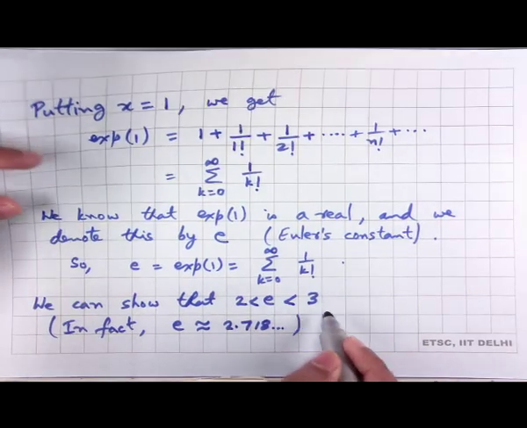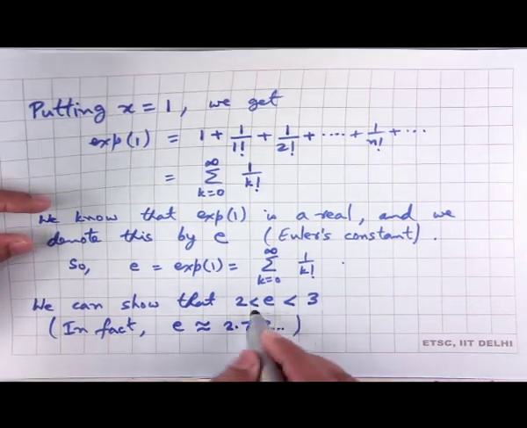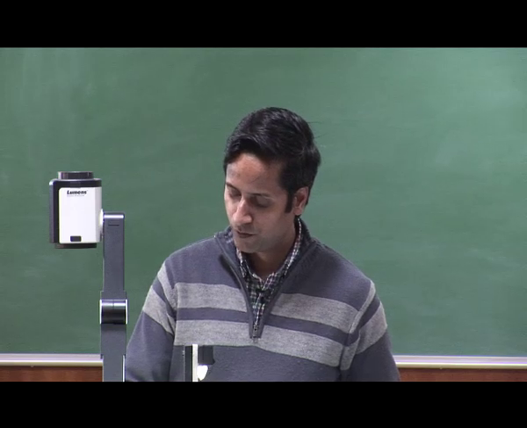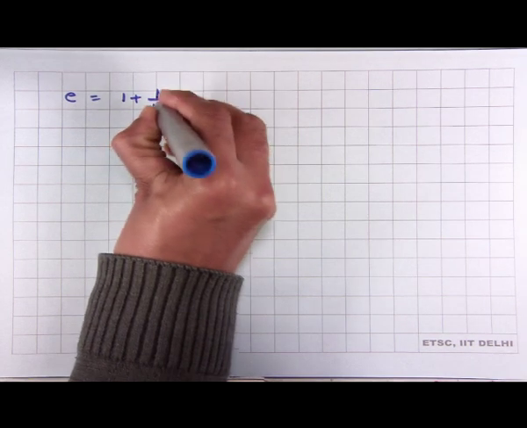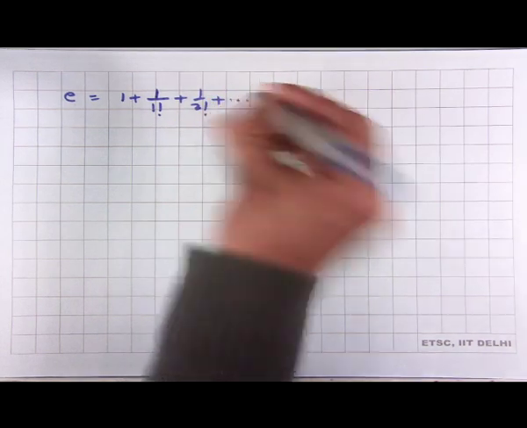So, though this is not important for us right now in calculus, let me try to show to you why E is bigger than 2 and less than 3. So, we know that E is equal to 1 plus 1 over 1 factorial plus 1 over 2 factorial dot dot dot up to infinity.